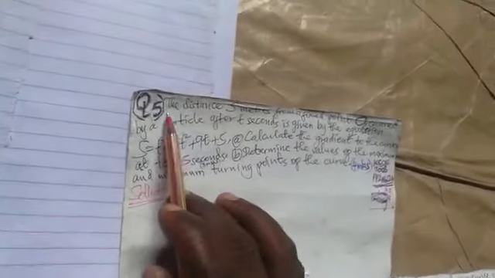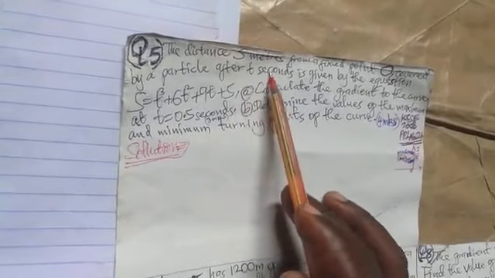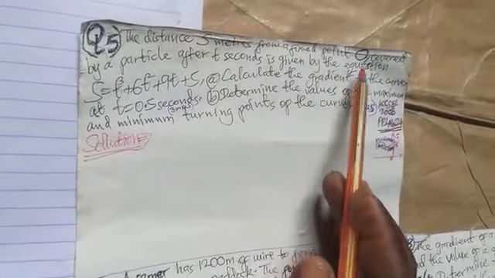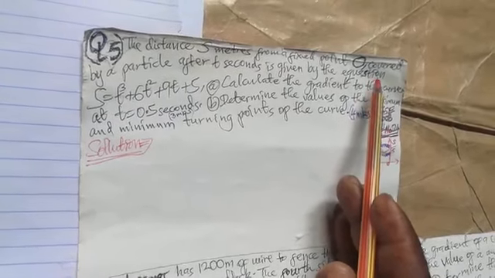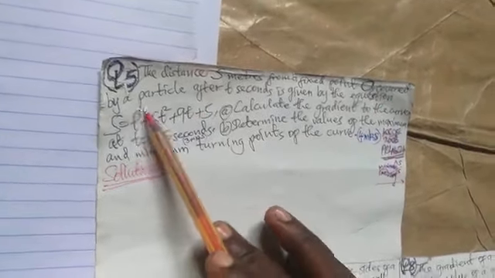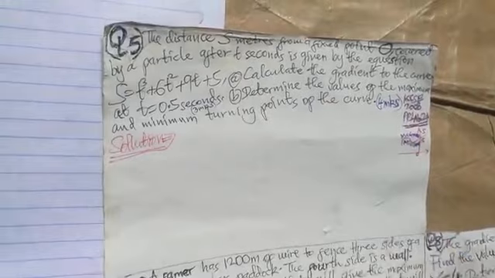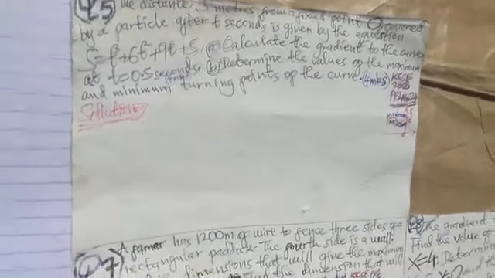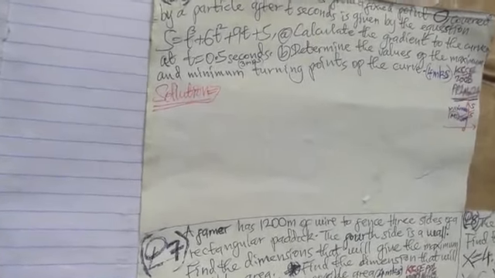The question states that the distance s meters from a fixed point O covered by a particle after t seconds is given by the equation s = t^3 + 6t^2 + 9t + 5.